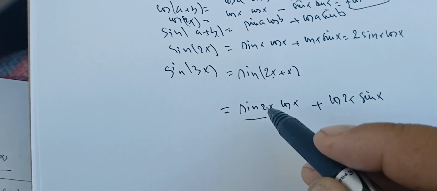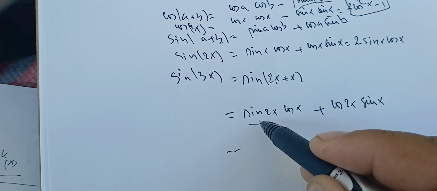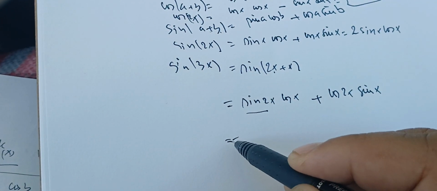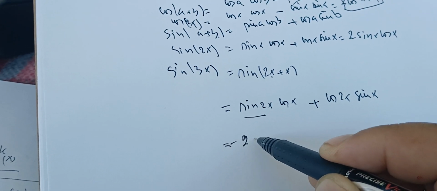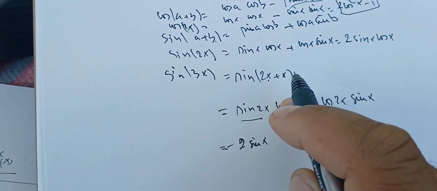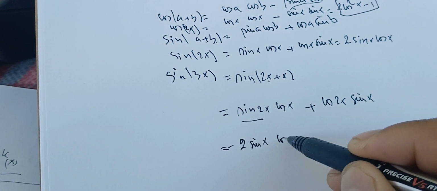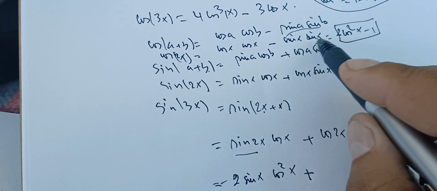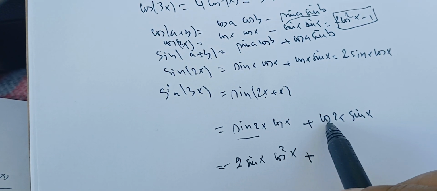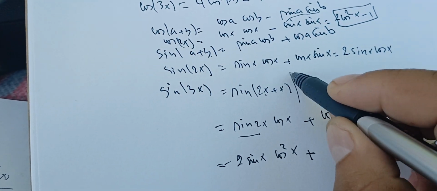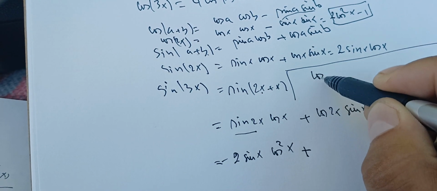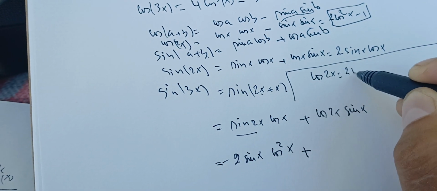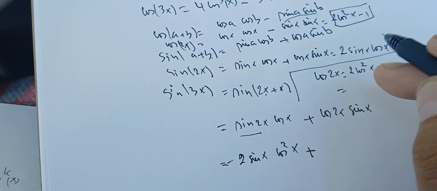So now let's plug these values here. We have the sine of 2x is 2 sine x cosine x, times cosine x is cosine squared of x, plus cosine 2x, which is 2 cosine squared of x minus 1, but I need the sine.